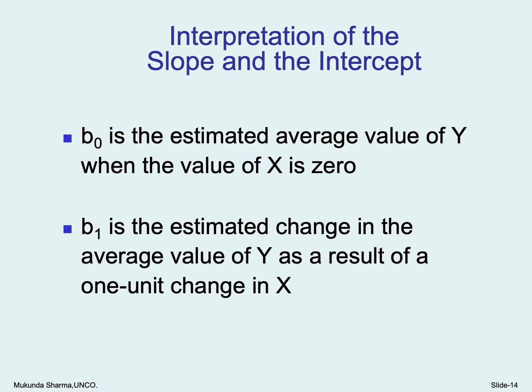It means when we put the value of x equals 0 in our regression equation, the value of y would be b sub 0. And b sub 1 is the estimated change in the average value of y as a result of a 1 unit change in x. If we change the value of x by 1 unit, then y would change by b1 times.